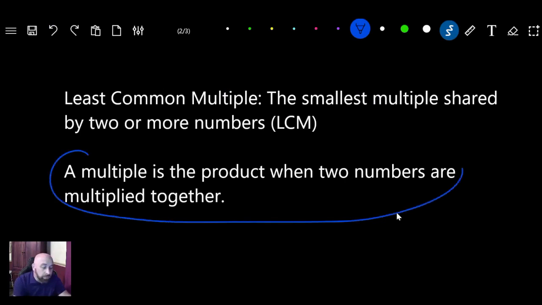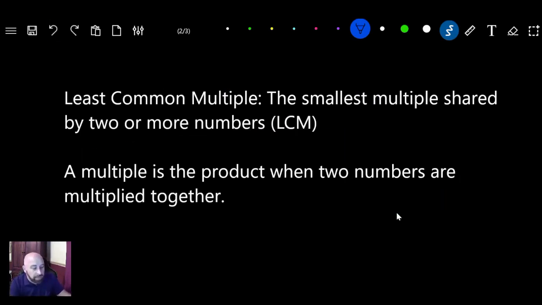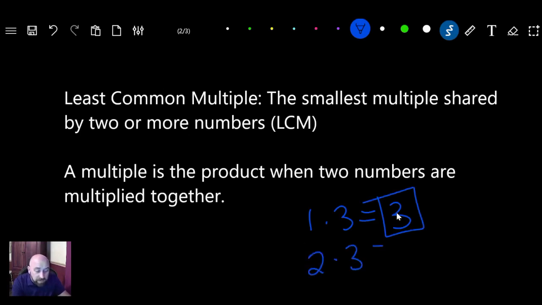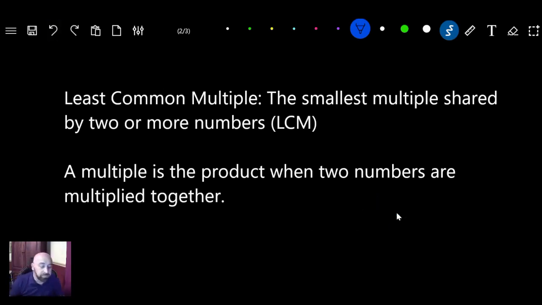A multiple is the product when two numbers are multiplied together. So 1 times 3 equals 3. That's the multiple. Okay. 2 times 3 equals 6. 6 would be the multiple. Okay. So those are the multiples. The multiple is like your product, your solution to a multiplication problem.